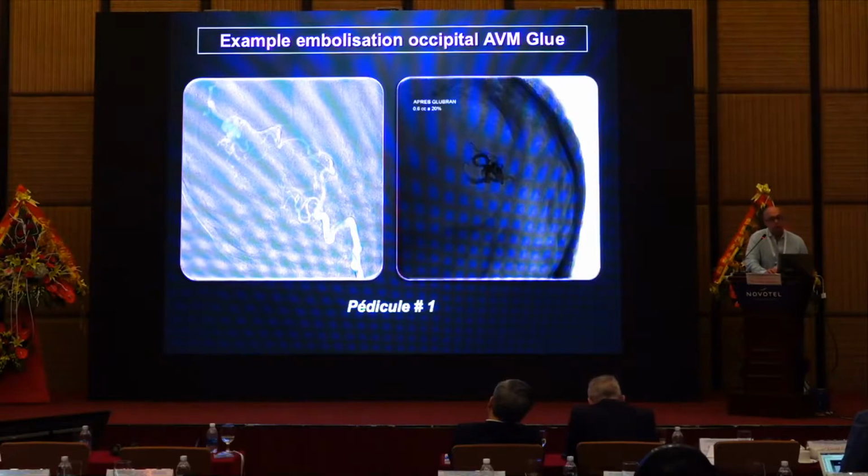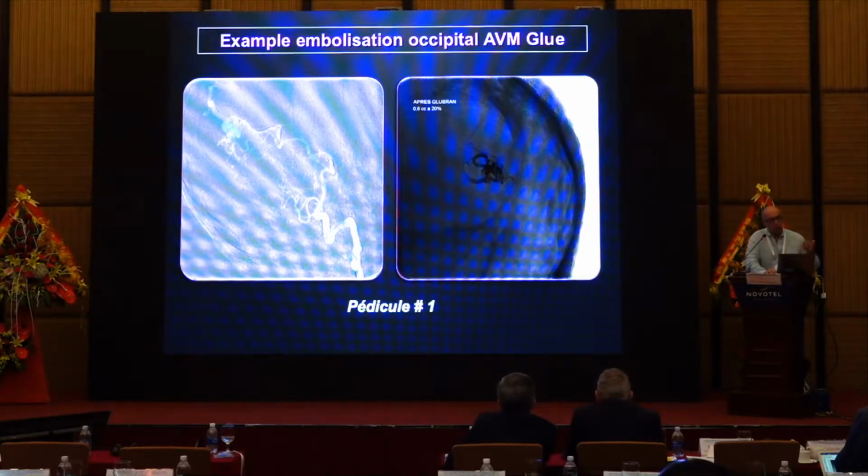So you can choose the dilution of the glue by mixing the glue with the Lipiodol. You take the Lipiodol in different volumes, and the volume of your Lipiodol will give you the concentration of the glue, and the progression of the glue will be different if you have a concentrated or diluted glue.